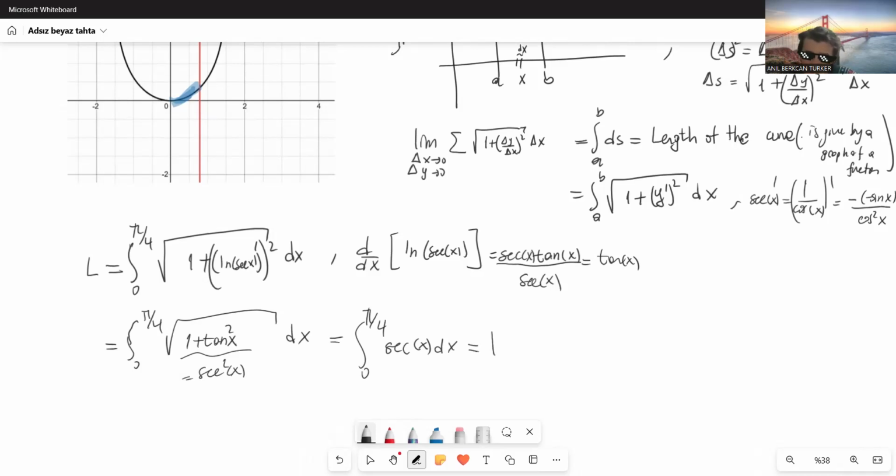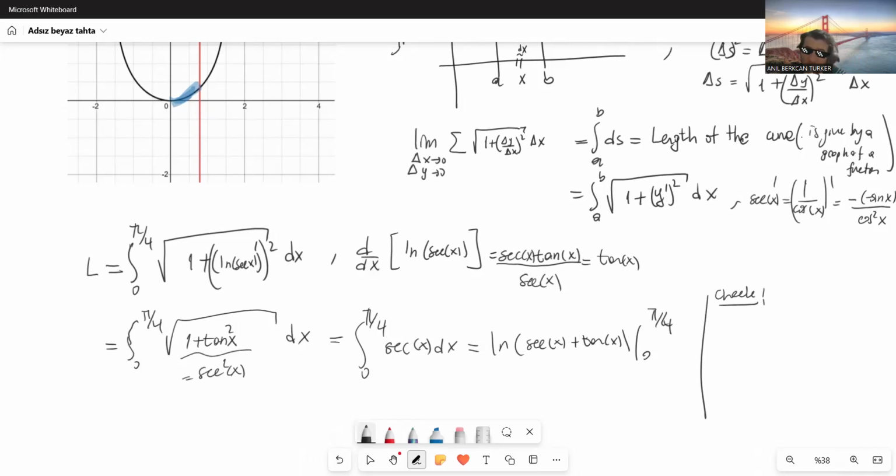I'm not sure, it's like ln of secant x plus tangent x. Something like that. I don't remember. Let's check it. When you take the derivative of this, should I get secant x? Let's try.